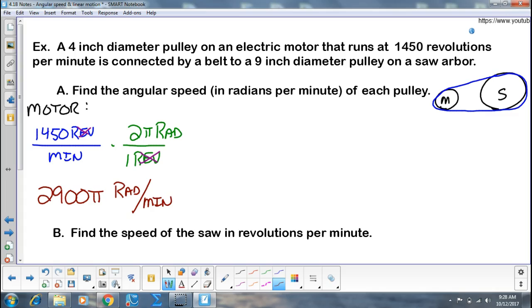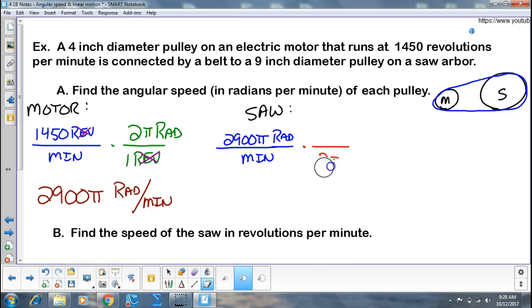Okay? So to get to the saw here, I have to use the fact that the belt is spinning around the small motor at 2,900 pi radians per minute, which translates then into a linear speed. So the radius of the small pulley is 2.